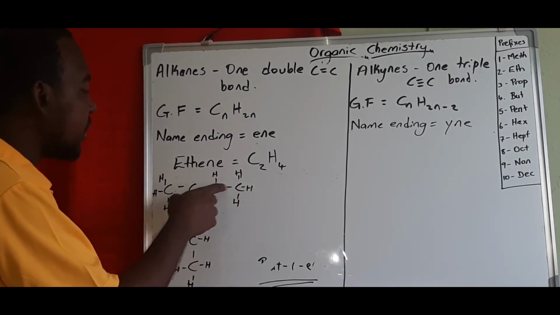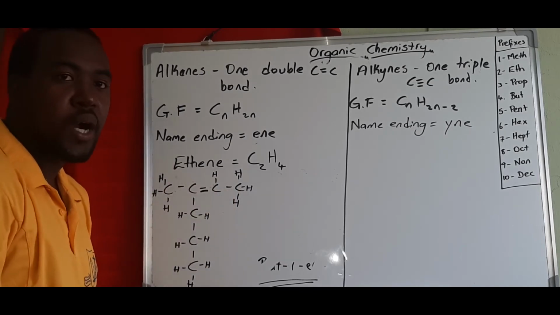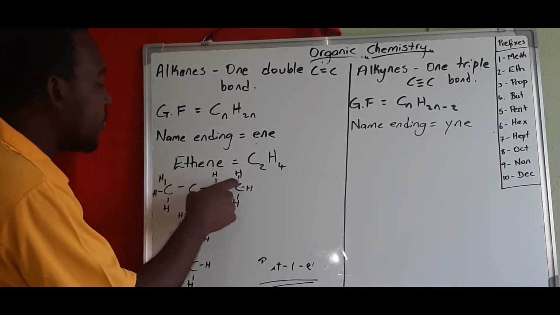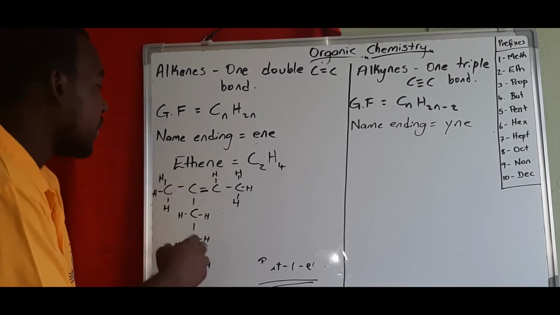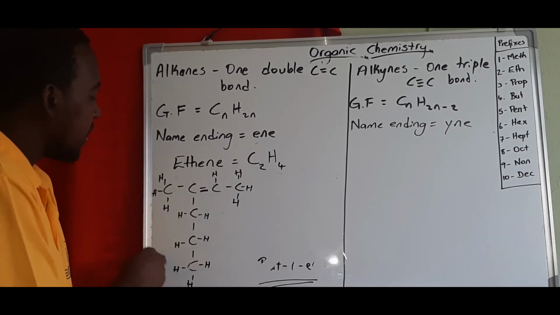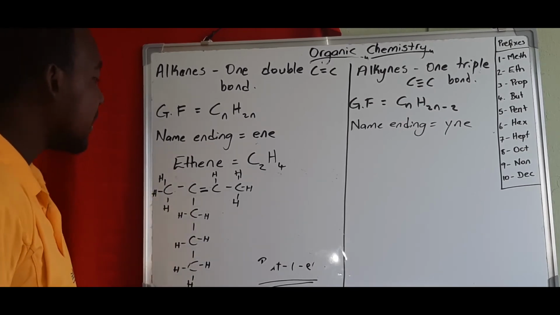We notice there is not one straight path that we can count from carbon to carbon, so there is a branch. If we go 1, 2, 3, 4, that's one chain. But if we go 1, 2, 3, 4, 5, 6, we get 6, or 1, 2, 3, 4, 5, we get 5. So our longest chain is 6.